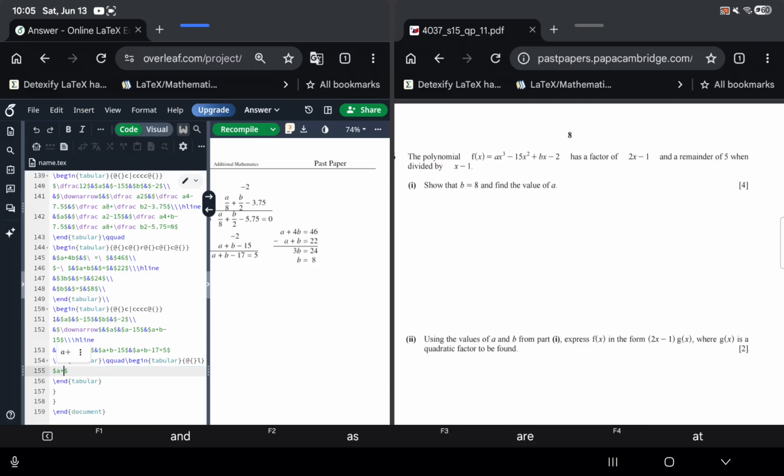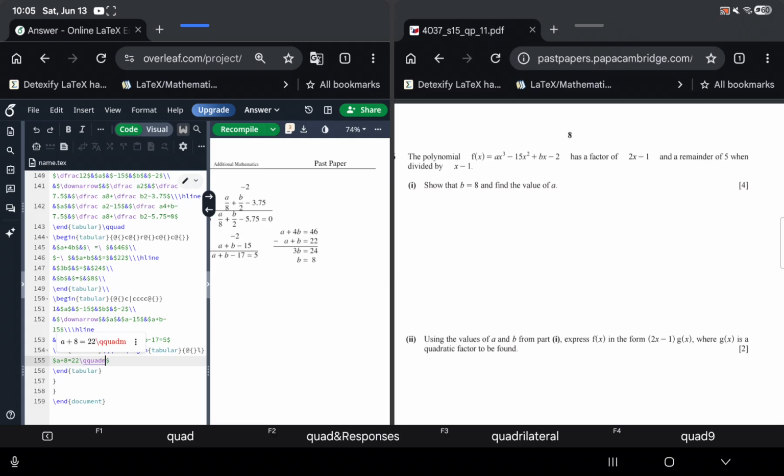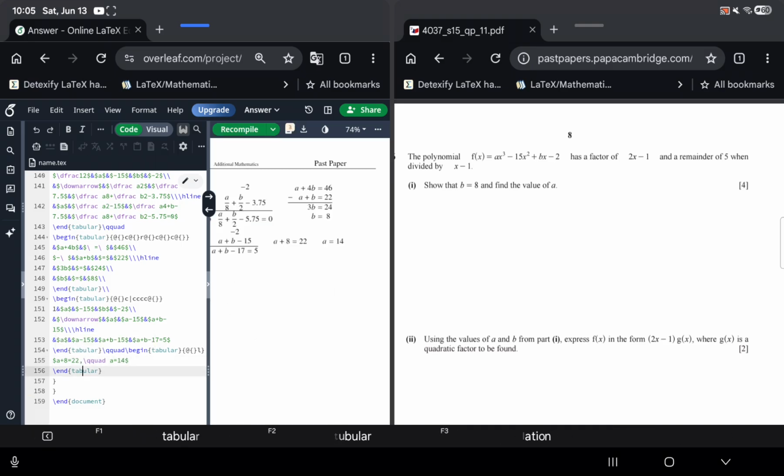A plus 8 is equal to 22. Quad. A is equal to 22 minus 8 is equal to 14. Nice. Boom. See, very easy.